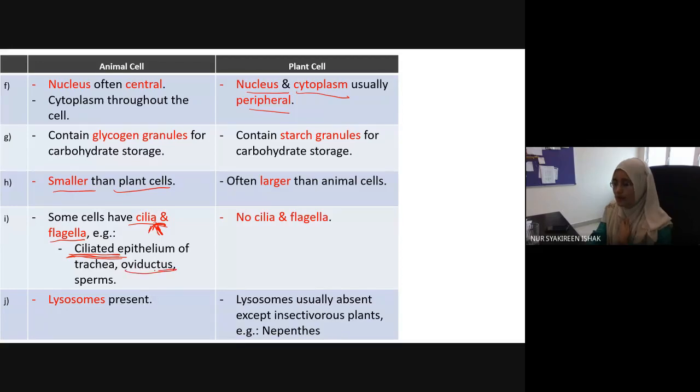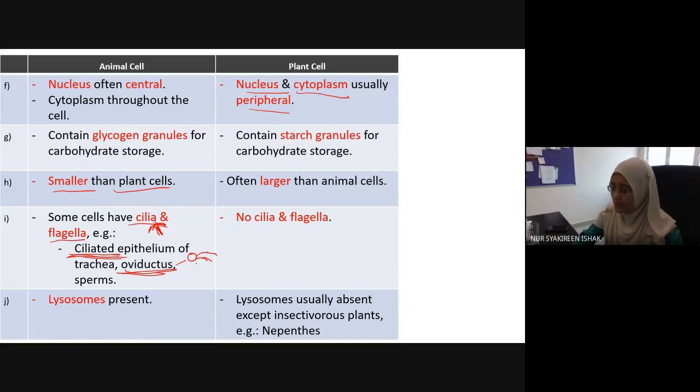Okay, and then the oviducts also have cilia. The function of the cilia lining the oviducts is to move the secondary oocyte released from the ovary until it reaches the uterus. Kan? Ovary release apa? Ovum kan?